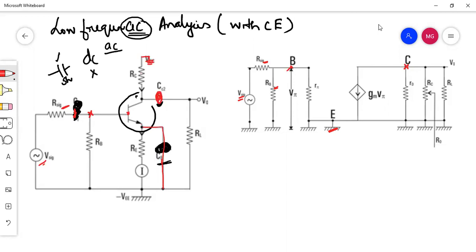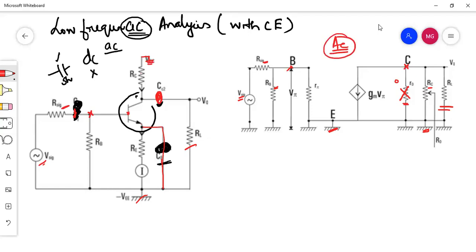So either the existing RO is there, or we can neglect it as open circuit. We don't need to consider this. So for the collector, we have RC grounded and RL also grounded. So this is the AC equivalent circuit.